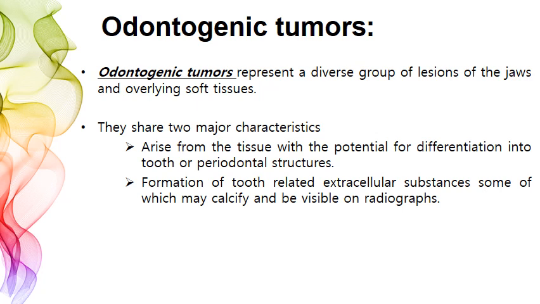So they are specific tumors. The second characteristic is the formation of tooth-related extracellular substances, which might calcify and be visible in the radiograph. Some tumors may have enamel deposits, some have cementum deposits, which in the radiograph will appear as a radiolucent mass mixed with radiopaque points, which are the calcifications.